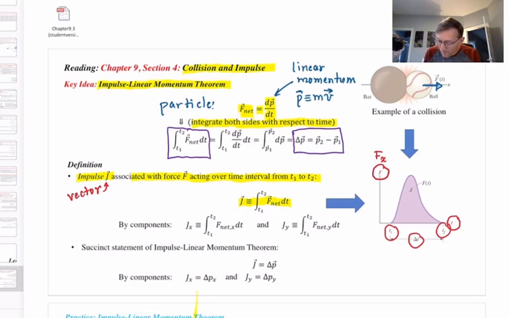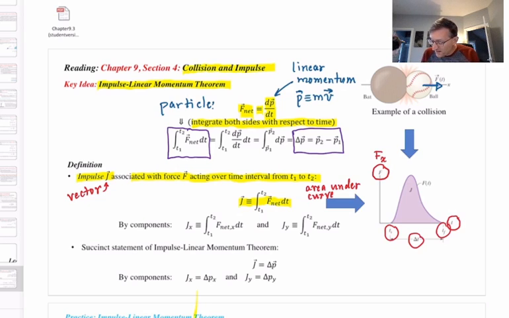And remember that an integral is area under a curve. In this case, the curve needs to be F plotted versus T, time. That's exactly what I had sketched over here on the right side. So the impulse is the area under the plot of force versus time.